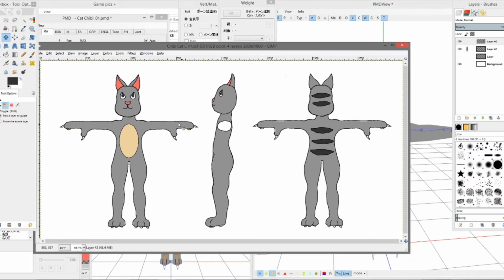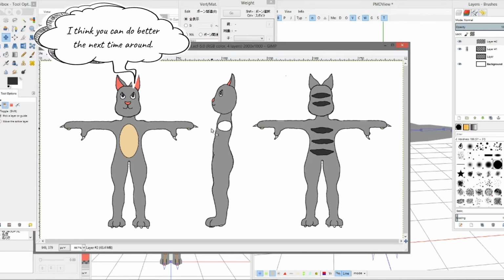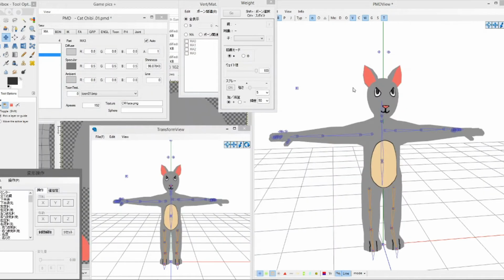It's rushed and my first time using a drawing pad, and it's been like years since I actually drew something. But I think it came out pretty good. I think it came out really nice. And the model came out decently good.